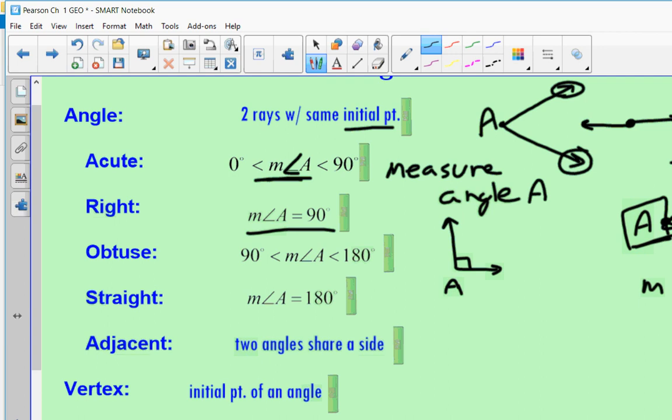So if this one's right, an acute angle has to open less than that, whatever it might be. That's 90 degrees, well, an acute angle might be 89 degrees. But an acute angle is going to have an opening that's less than 90. So those two go together there.